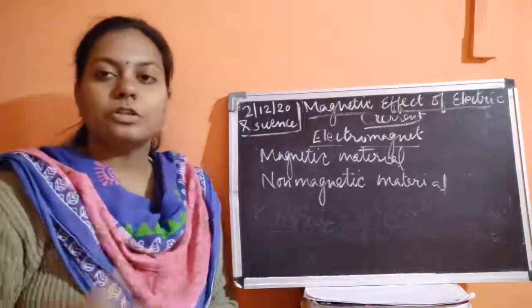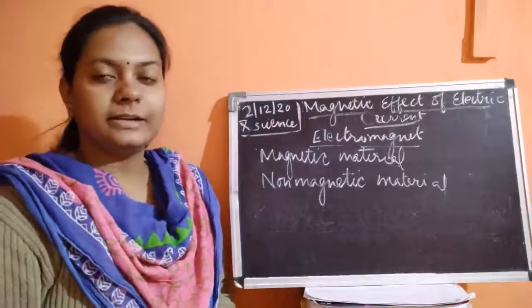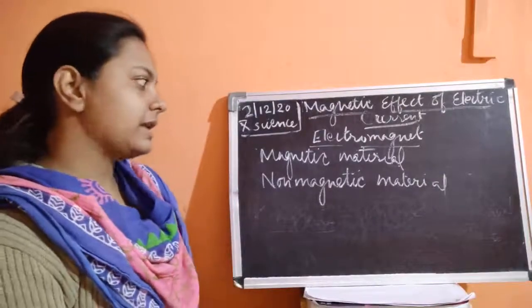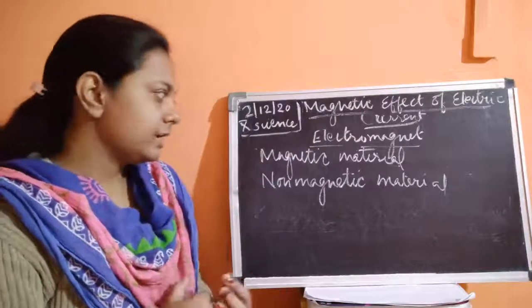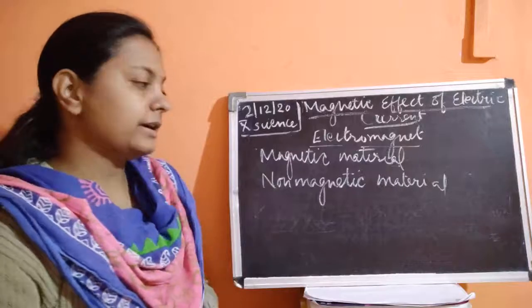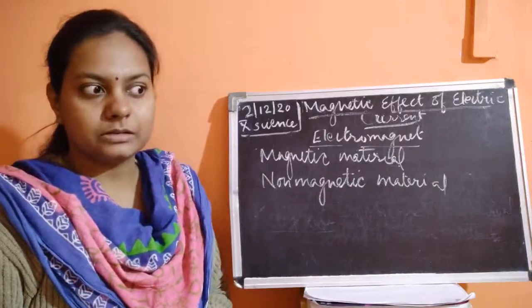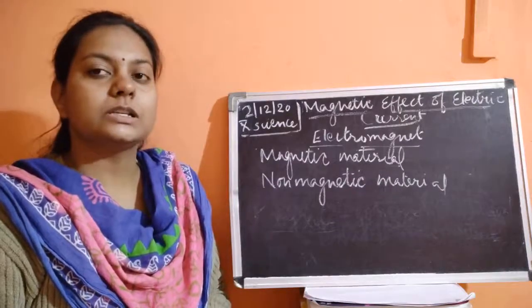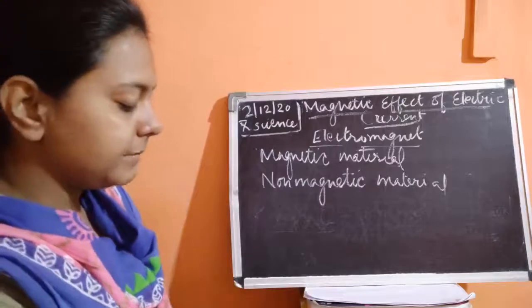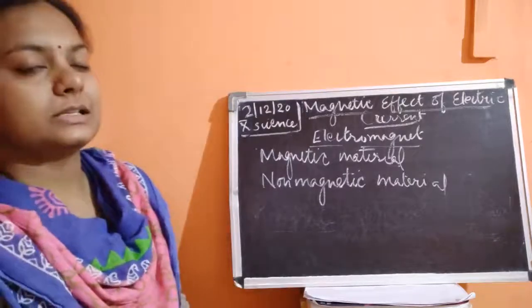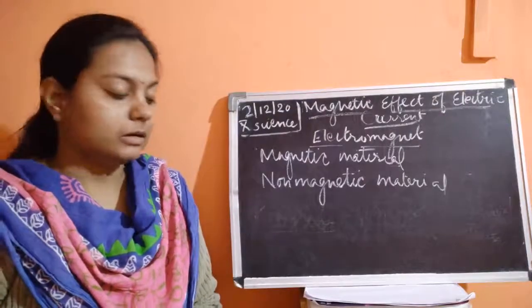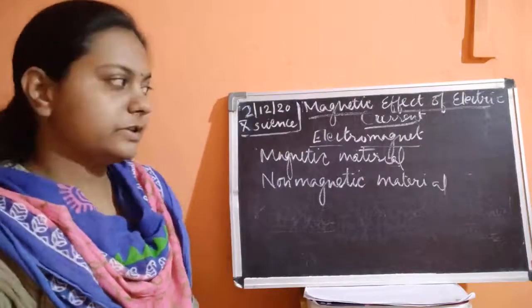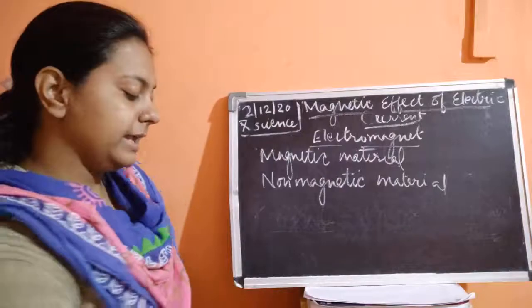Magnetic material means all those materials which are attracted by a magnet, such as iron, zinc, cobalt. The next is non-magnetic material, which are those materials which are not attracted by magnets, such as plastic. It could be different metals also, which are not attracted by any magnet.